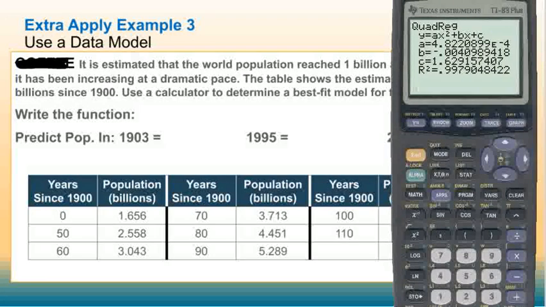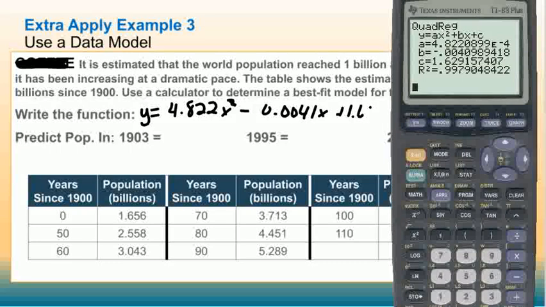So this would be y equals 4.822 x squared minus 0.0041 x and then plus 1.629. Now one thing, if you notice in the calculator, the a has an e to the -4th. That means I have to move the decimal place 4 places to the left.